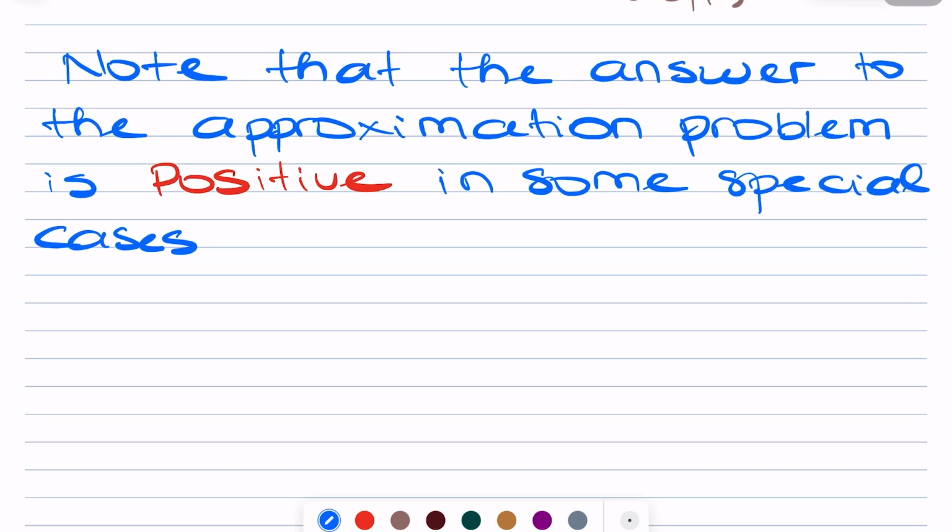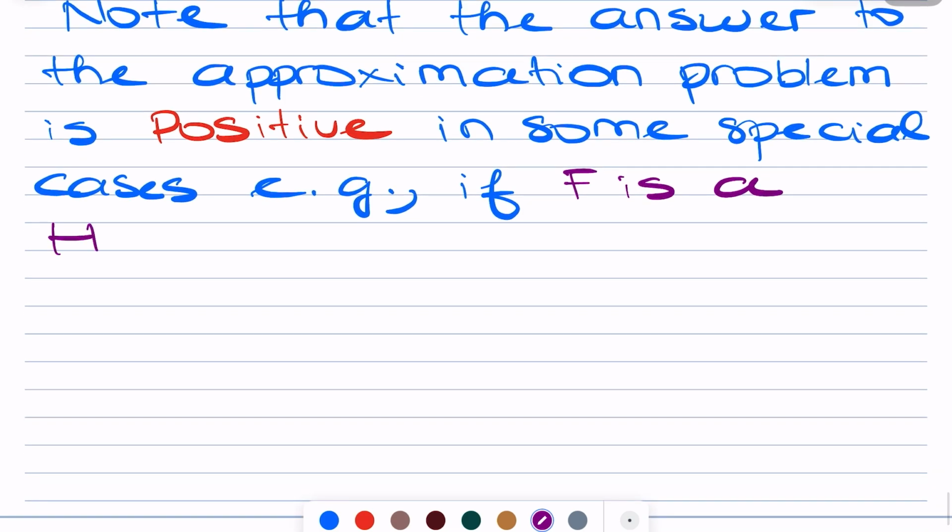For instance, if the codomain F is a Hilbert space, then the converse of Corollary 6.2 is actually true.